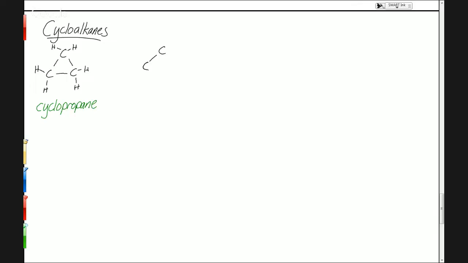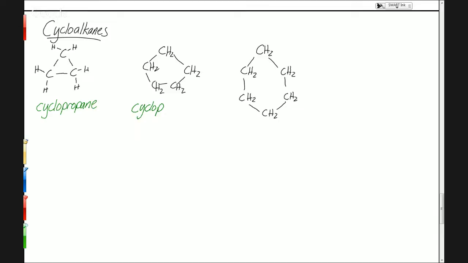So things like these 5 and 6-membered rings, so we've got cyclopentane, cyclohexane.